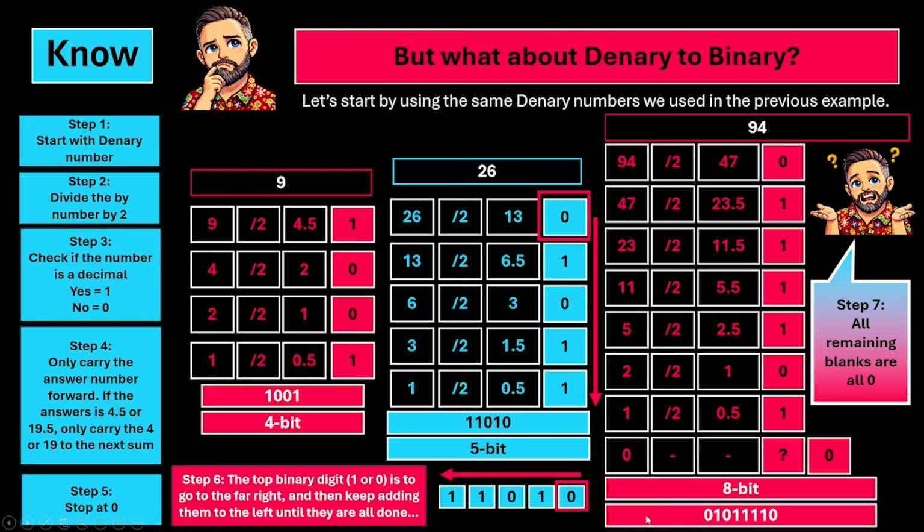So if we had an 8-bit piece of binary that was the number 9, we would simply add onto this number here, where we've got the 4-bit, 4 zeros at the end, and that would be an 8-bit number 9 if we were to put those in.